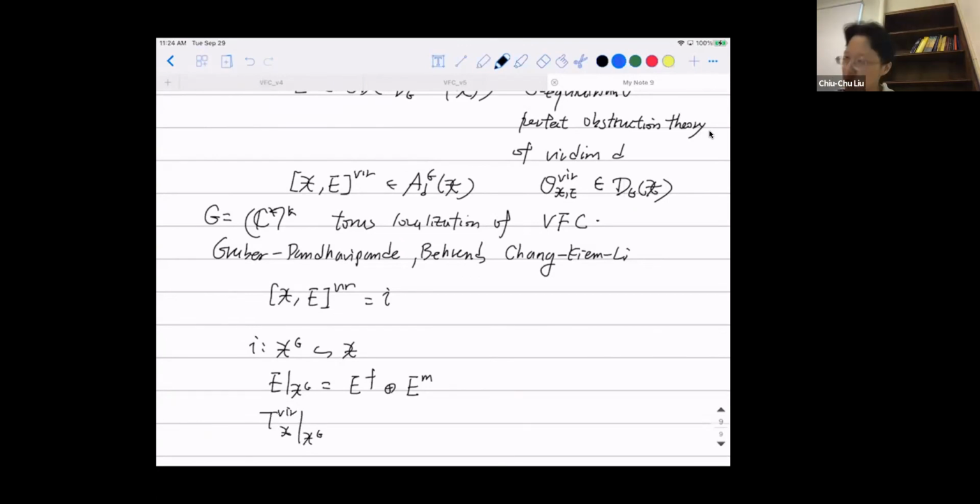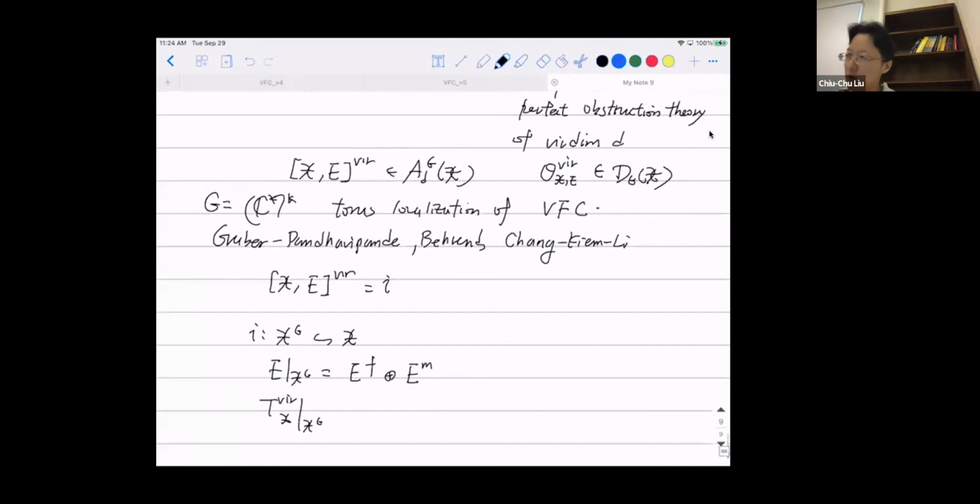The virtual tangent bundle, which is locally a difference of two vector bundles, when you restrict to the fixed locus, the torus acts on the fiber and you get the moving part.